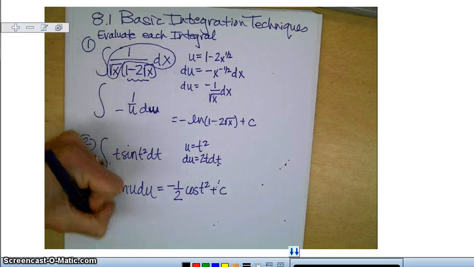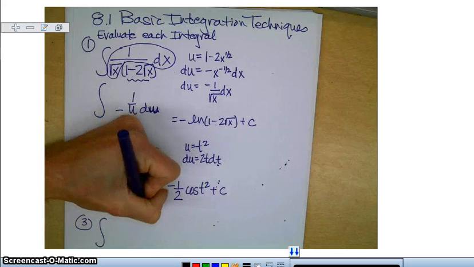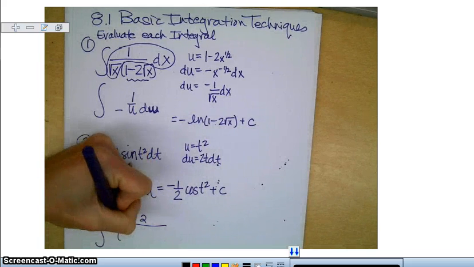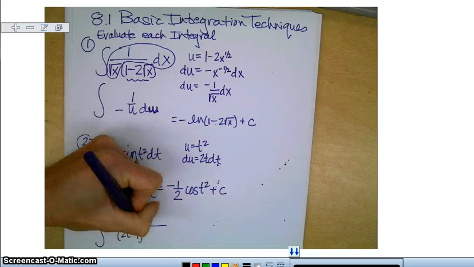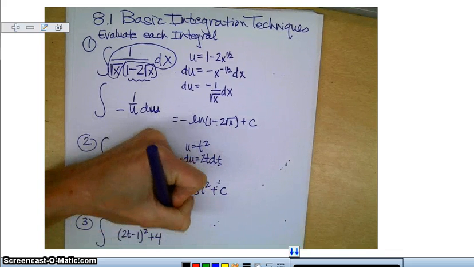Let's see, the integral of 2 over the quantity 2t minus 1 squared plus 4 dt.